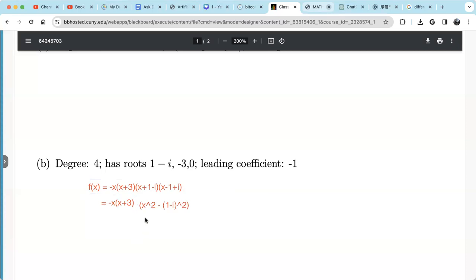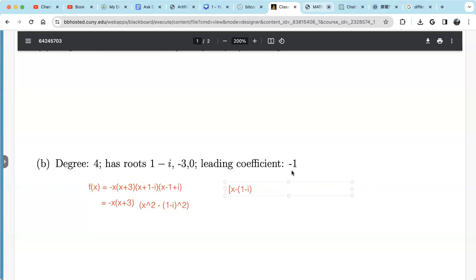Okay. Because if we don't simplify this one, let me write again. So we have one plus i, one minus i. Okay, so x minus 1 minus i, x minus 1 plus i. So x minus, maybe I use bracket, it's easier. X minus 1 minus i.